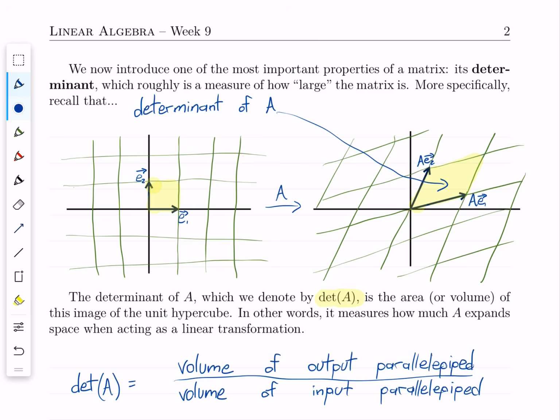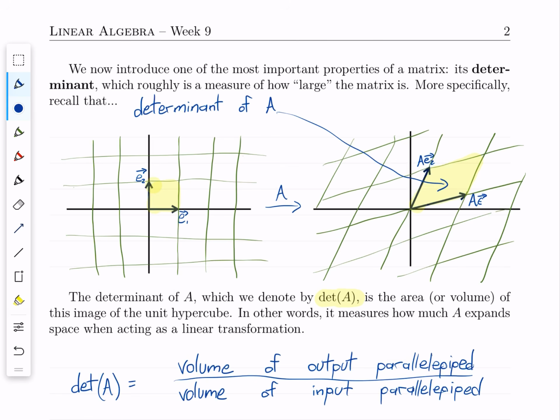Okay, so the determinant's going to be positive in this case. But if the matrix A was such that AE1 got sent to this left vector, and E2 got sent to this right vector, that would be a matrix with negative determinant, because now E1 got sent to something that's counterclockwise from where E2 got sent, okay? It swapped the orientation of space.